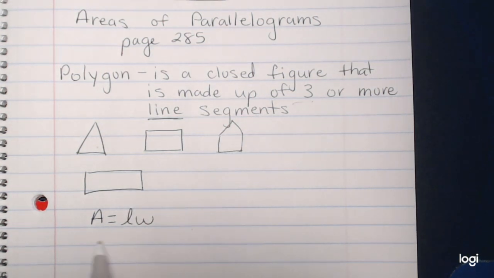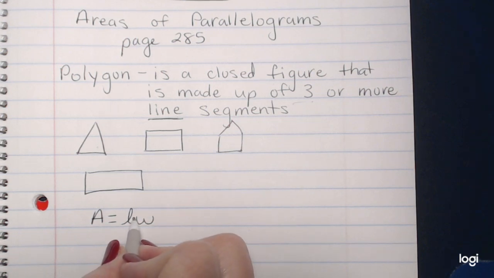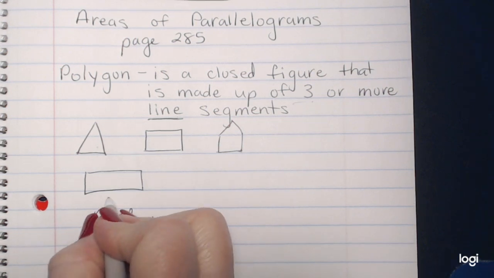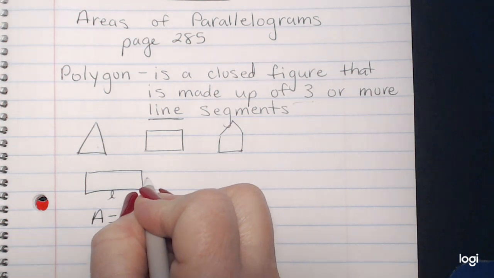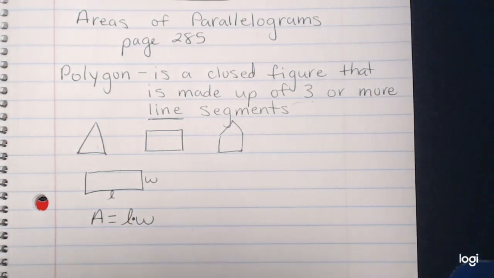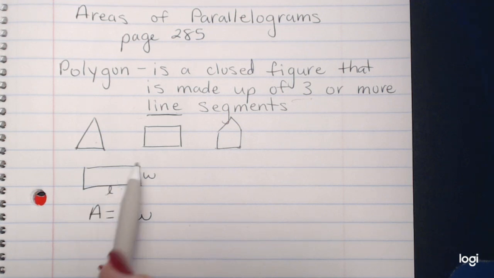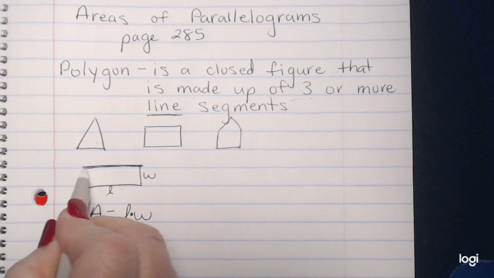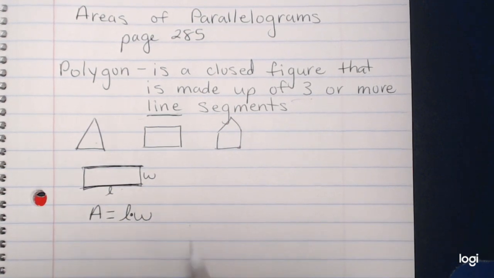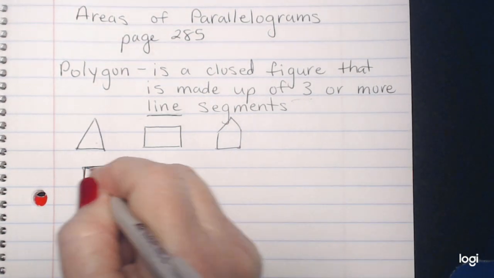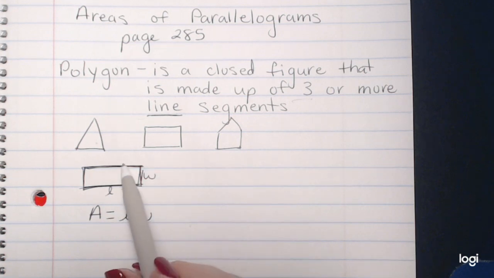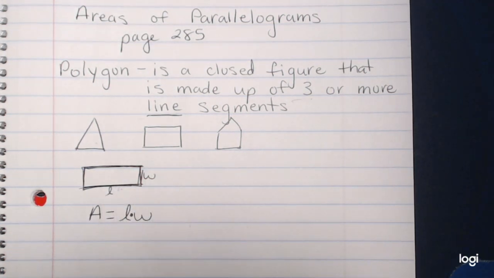Now, for some of us, we like to remember that this means multiply, so we'll put a little times in there. This side is my length side, and this side is my width side. This is considered a parallelogram. Why? Because a parallelogram has this side parallel to this side, and this side parallel to this side. So it has one set, two sets.